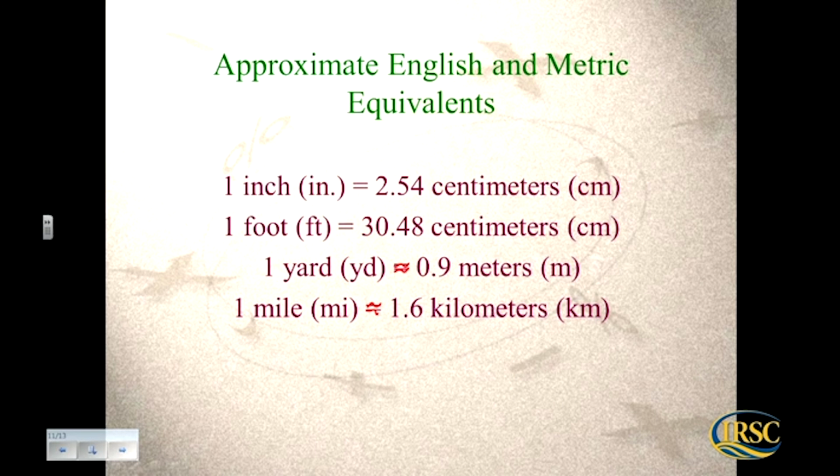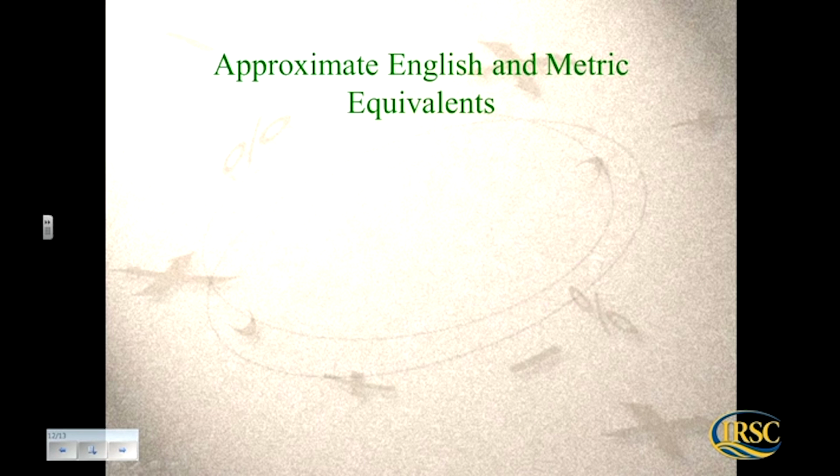Okay, so let's say that you are given a problem where you need to convert 8 feet to centimeters. So this is where you go back to that chart, and you have to say, well, what do you know about feet and centimeters? And according to that chart, we just saw that 1 foot is equal to 30.48 centimeters.